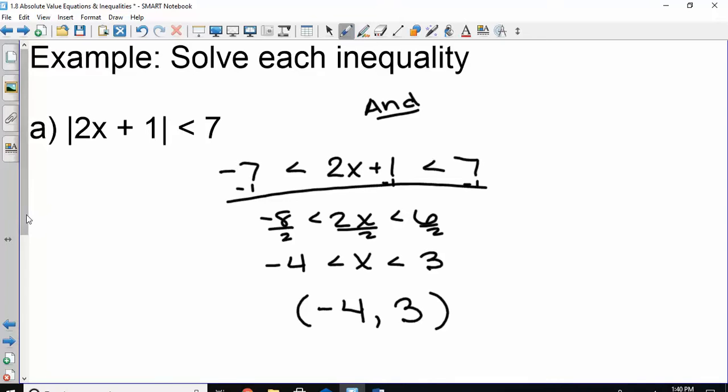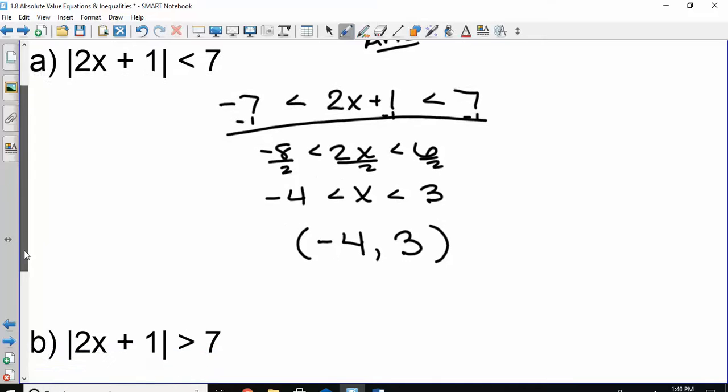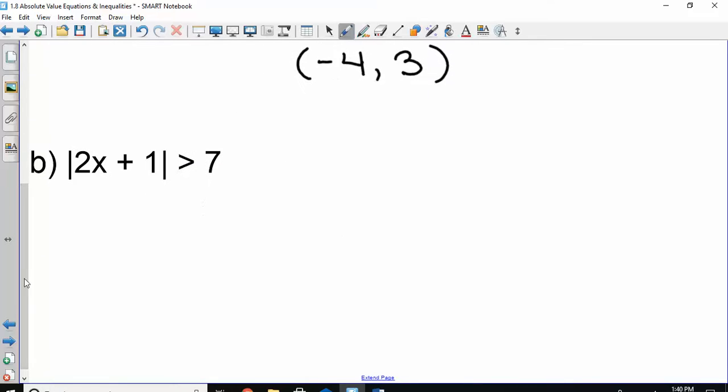So for B, I actually did the exact same problem, but I just flipped the inequality. I just want to show you what the difference is between a less than and greater than. When you set this up, greater than is an or statement. So you make two separate pieces.